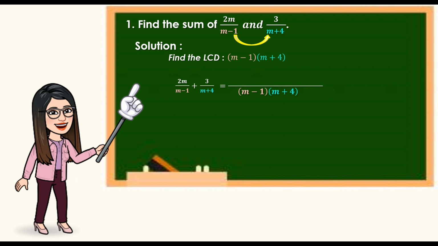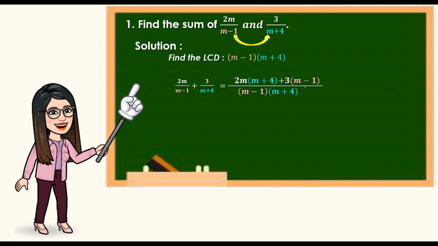So m minus 1 times the quantity of m plus 4 divided by m minus 1, multiplied to 2m. And this is the result: 2m times the quantity of m plus 4. Next, plus. Our LCD m minus 1 times the quantity of m plus 4 is divided by m plus 4, multiplied to 3. So we have plus 3 times the quantity of m minus 1.